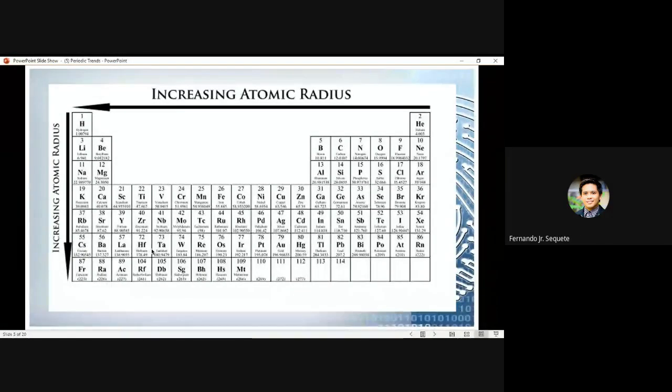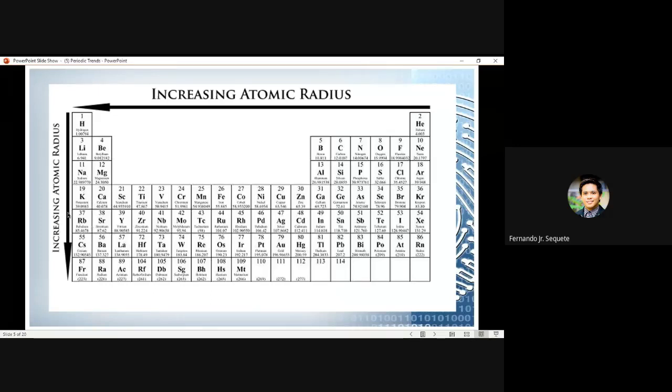So, ang gagamitin nating trend ngayon would be the left to right. So alam natin, children, that when we start sa left up to right, ang nangyayari sa ating atomic size ay nag-decrease, tama? Pero pag magsisimula tayo dito sa ating right to left, nag-increase ang atomic radius. Now, ito yung pinakamadali sa lahat, no?